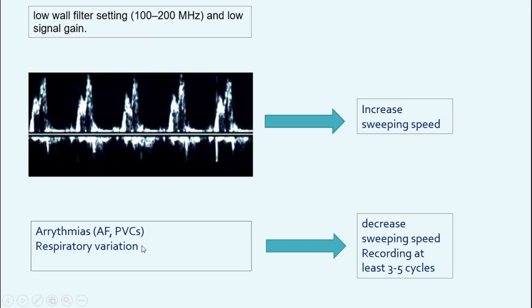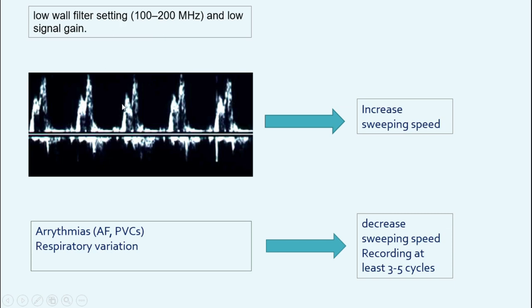In cases where we have too many extra beats, like multiple premature ventricular contractions or AFib, and even in situations where we need to evaluate respiratory variation, like when we have pericardial effusion, we have to decrease the sweep speed to 25 millimeters per second.